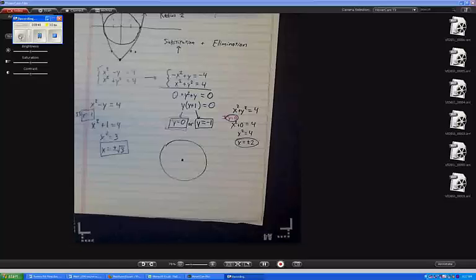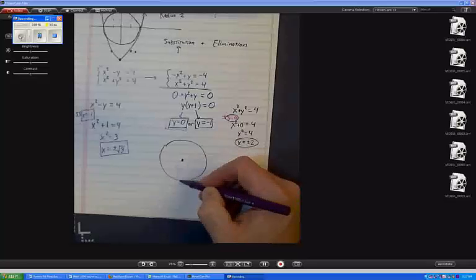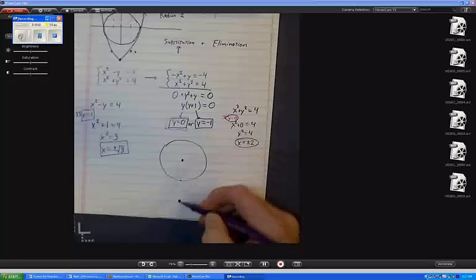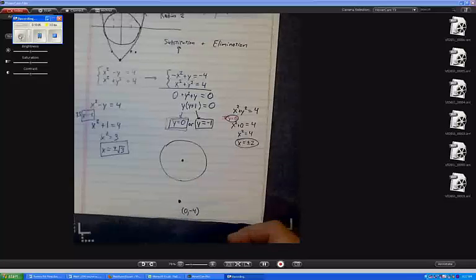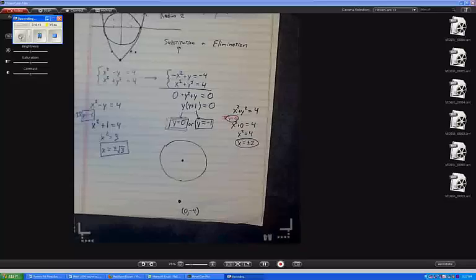All right, so now I'm going to draw the parabola. What's the vertex of the parabola again? It's not 0, negative 2. I think it was 0, negative 4, right? So here's 0, negative 4. That's the vertex of the parabola. And what we just learned is some different places that we have points of intersection.